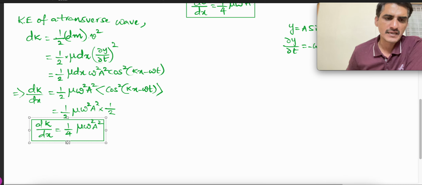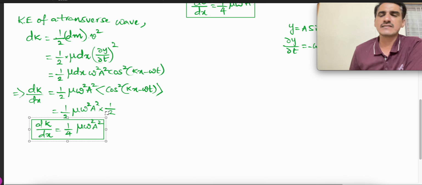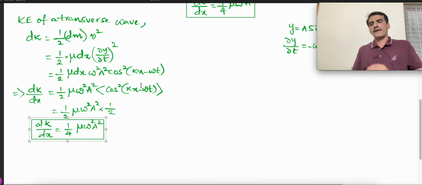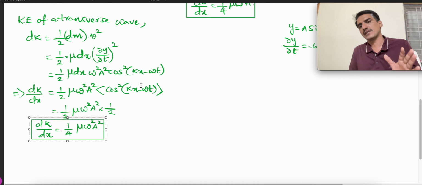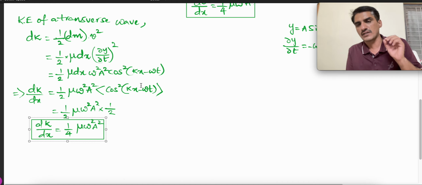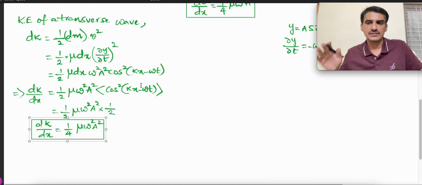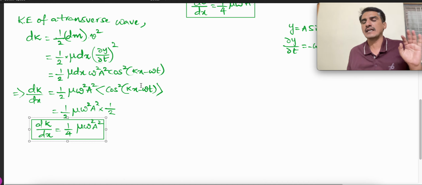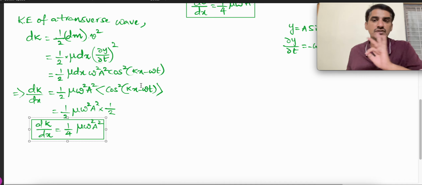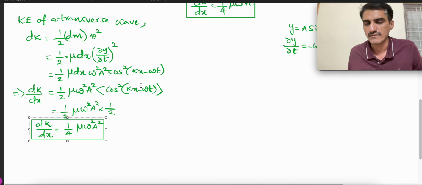What does it mean? It means that potential energy and kinetic energy throughout the progressive wave, throughout the transverse wave in the string, do not change at all.